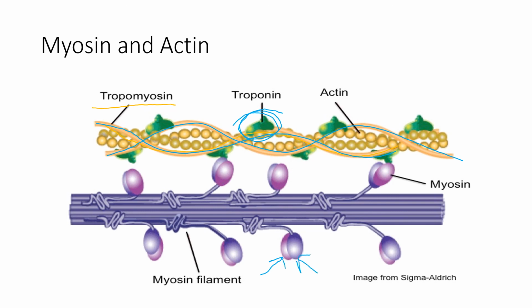We have this light purple color and we have this darker purple color. So these two filaments actually twist together and they form like these little golf club like structures here. And they actually have two bend points, and these are very important for the sliding filament theory, which we will go into.